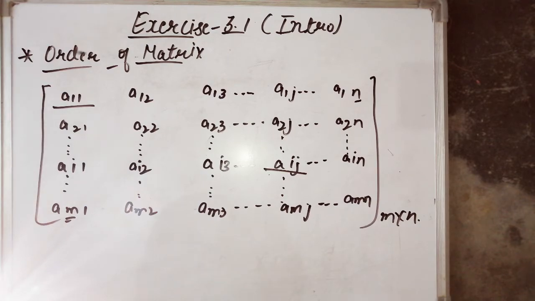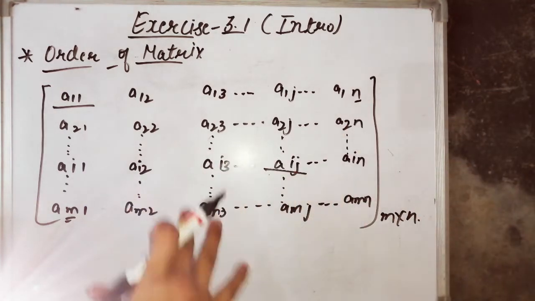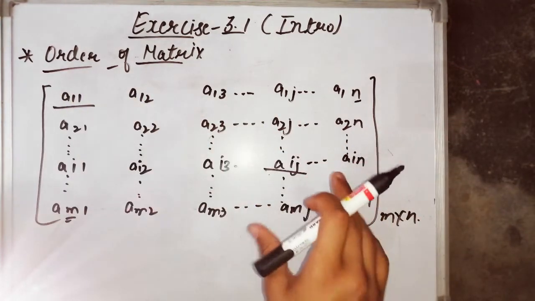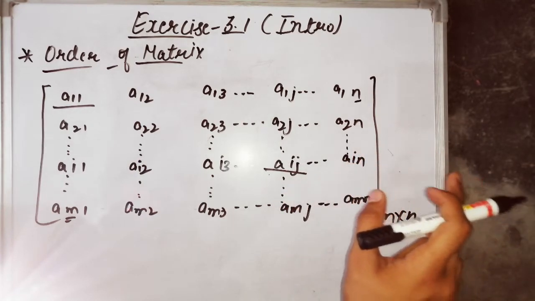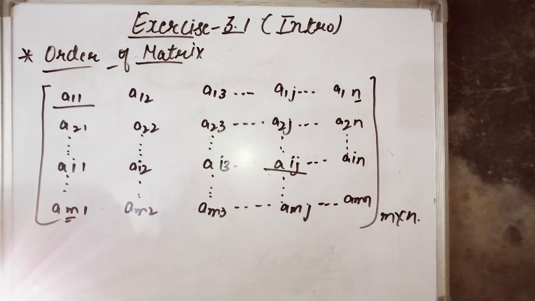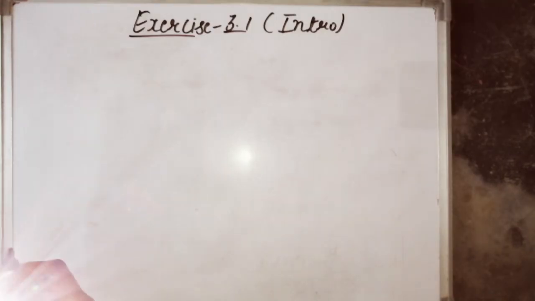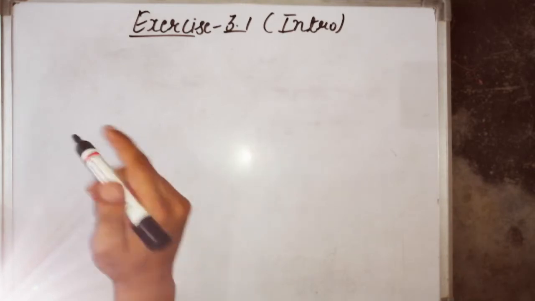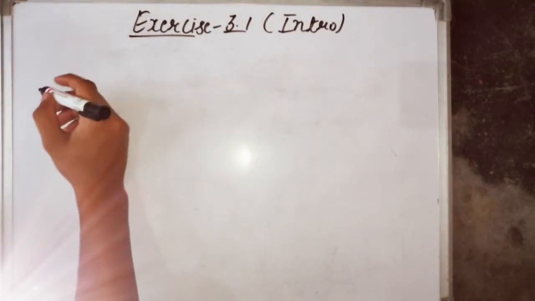The examiner can ask you some basic questions, like he will replace these with some real numbers and ask you to find the value of a23 or something else. Let's take some examples, but before that pause the video and note it down. Okay students, let's take our first example, but before that let me tell you something.